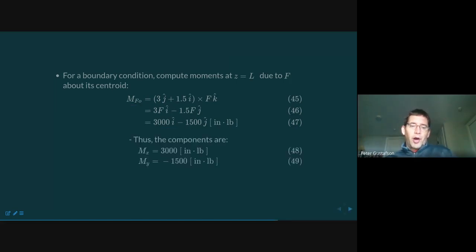So there you go, our moment components at this point, moments about the x-axis and moments about the y-axis at the end, Z equals L, plus 3,000 and minus 1,500 inch-pounds.